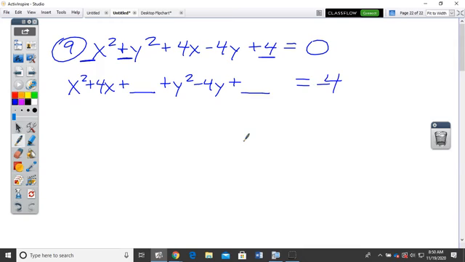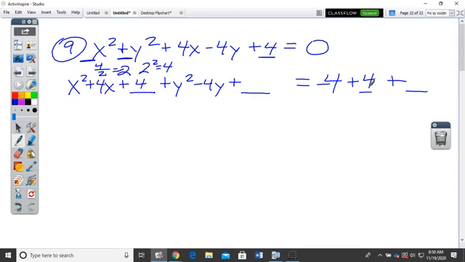And add 2 blanks. Because if you add 2 on the left, you got to add 2 on the right. All right? 2-step process to complete the square. You take b, which is 4. And what do I do to it? Divide it by 2. That's 2. And then what do I do to 2? 2 squared is 4. So I add 4 there. And I add 4 there.